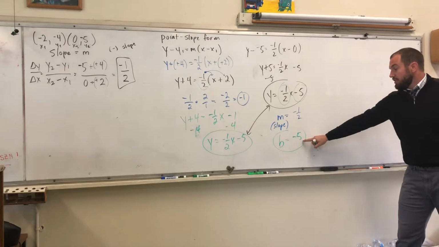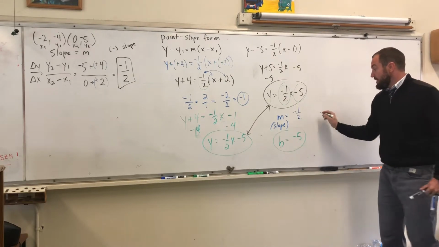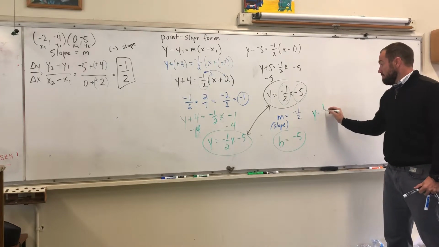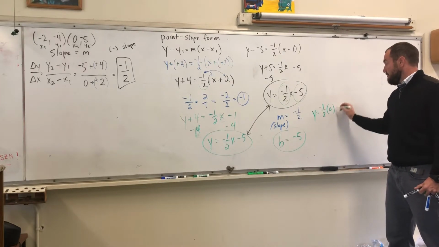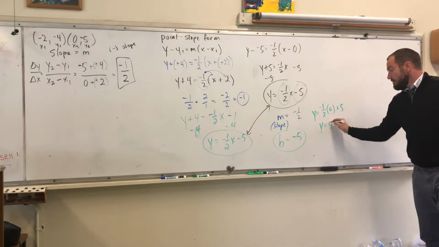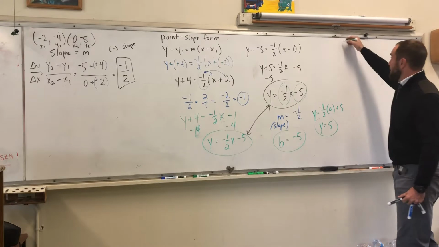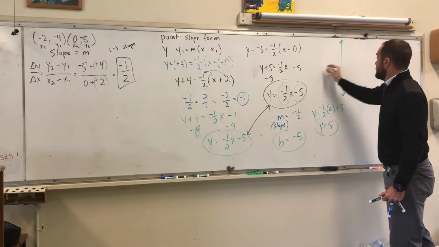This is our starting point. This is what our y, or output, would be if we put in 0 for x. Negative 1/2 times 0. That's your understanding there. If I have 0 input, I'm not putting in any number for x, what would my y value be? And that helps us graph.